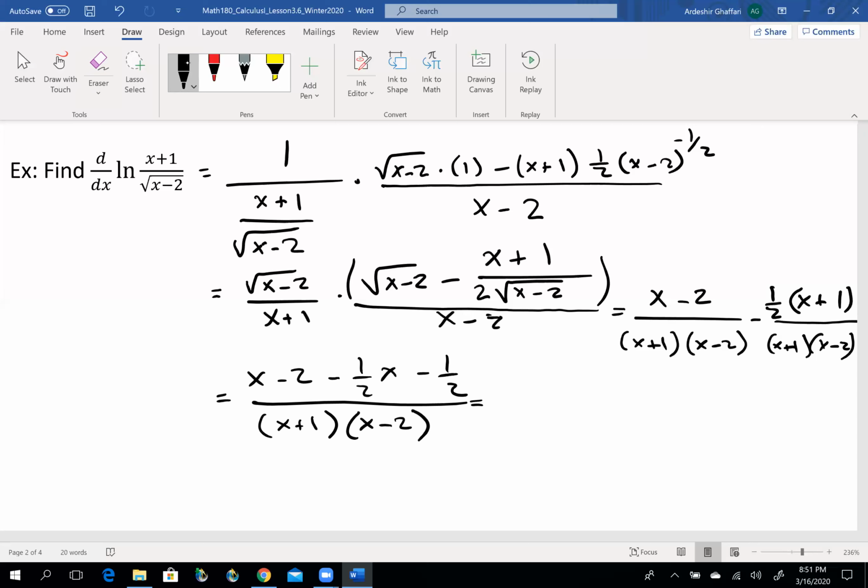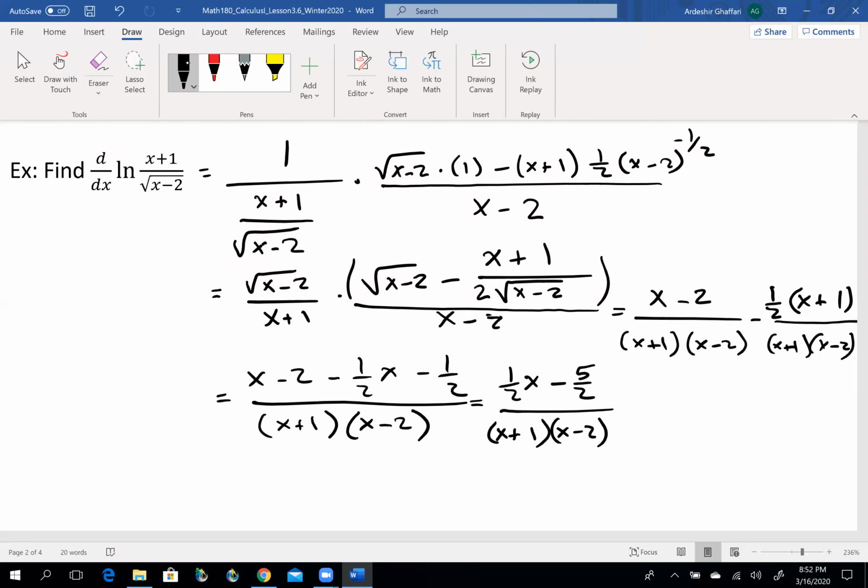So 1x minus 1/2 x, so it's going to be 1/2 x, and then minus 2 minus 1/2. So again, guys, just do some basic algebra. Minus 2 minus 1/2 is going to be minus 5 over 2 all over x plus 1 times x minus 2.